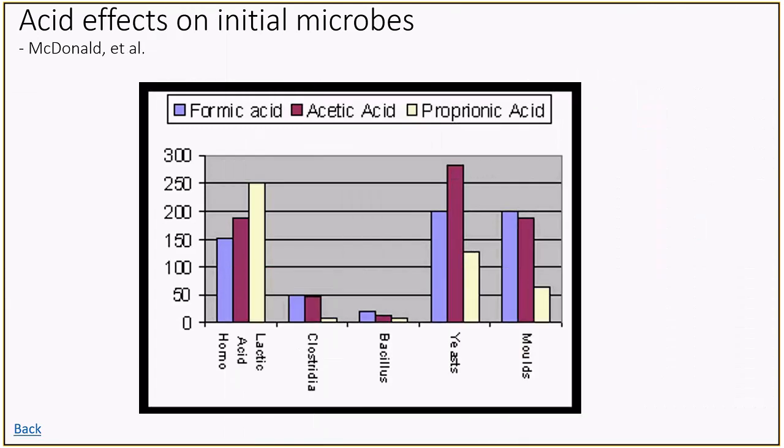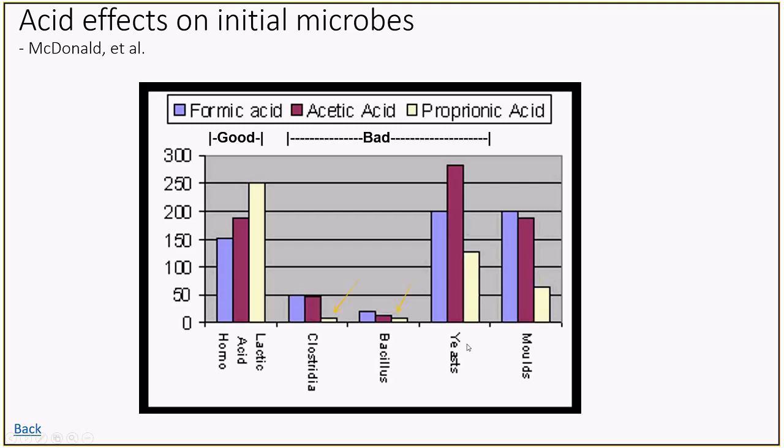And just to demonstrate what I just said, a graph that shows here's our good bacteria growing, lactic acid bacteria growing. Here's our bad bacteria, Clostridia, Bacillus, yeast, and mold, so bacteria and fungi.